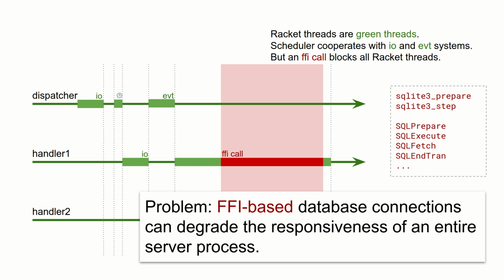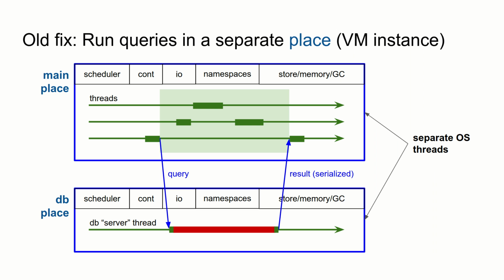So how do we fix this problem? The old fix is to run the query in a separate place. A place is essentially an entire Racket virtual machine instance that runs in a separate operating system thread. It has its own threads, its own scheduler, its own memory and garbage collector.